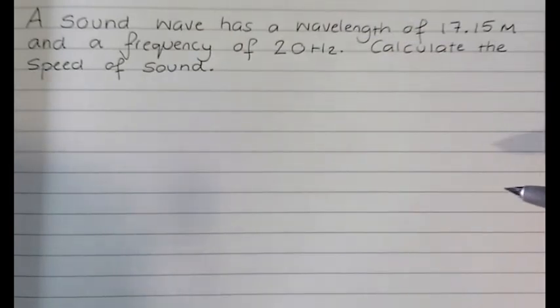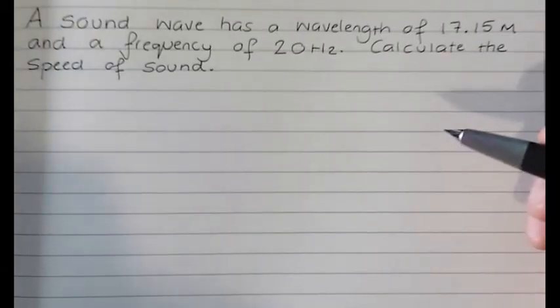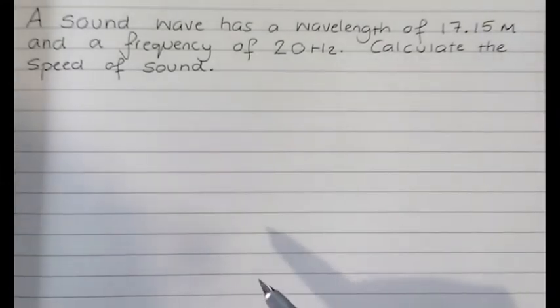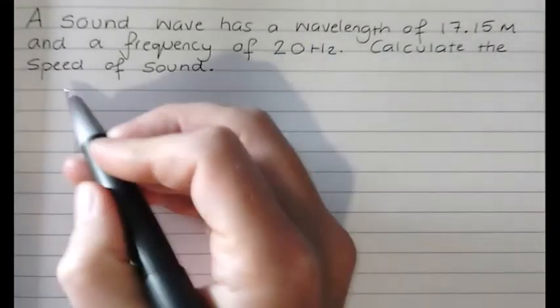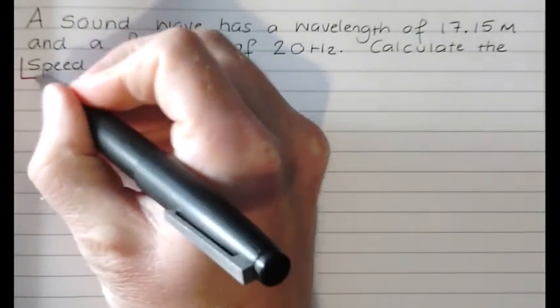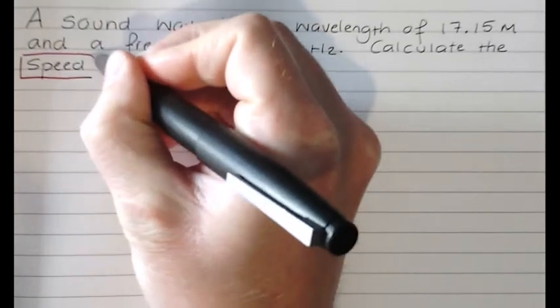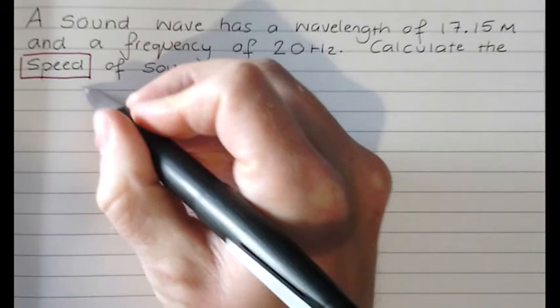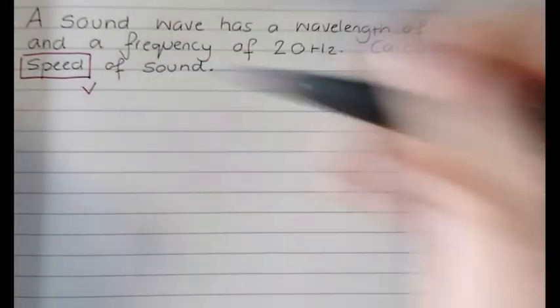So we want to extract any numbers, and we also want to figure out what the question is asking us to find. So the first thing you do is you look at what the question is asking you to find. So this says calculate the speed of sound. So it wants us to calculate the speed. So I'm going to put a box around that term. And the speed in the equation, remember, was the symbol V for velocity.